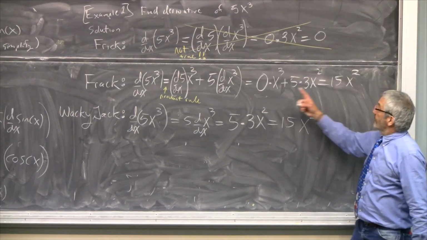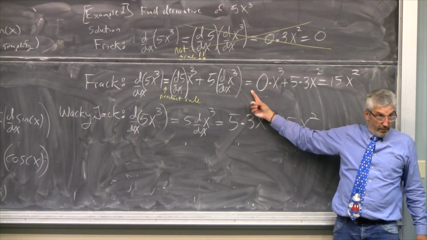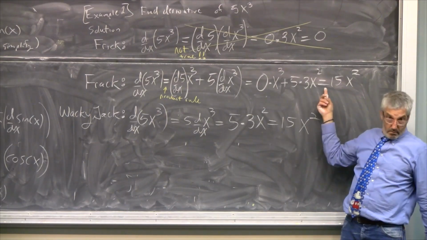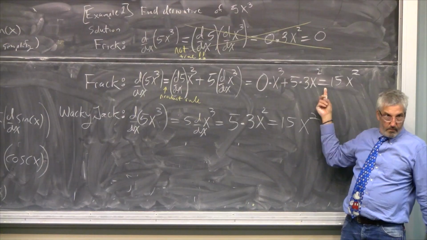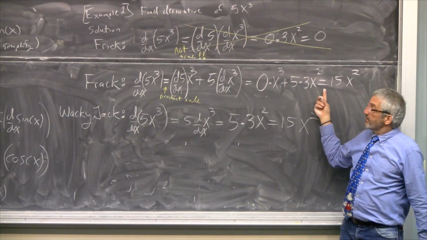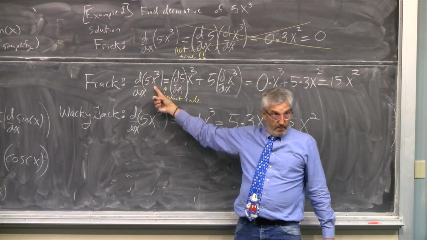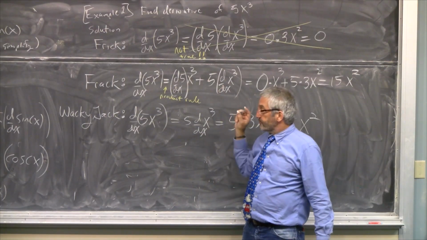So I got three equal signs here. Is this equal sign valid? Yeah. How about this equal sign? Yeah. So it's a product of functions, the constant function and the x cubed function. And you can use the product rule in that.